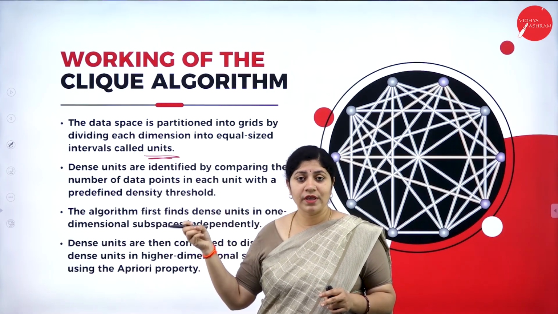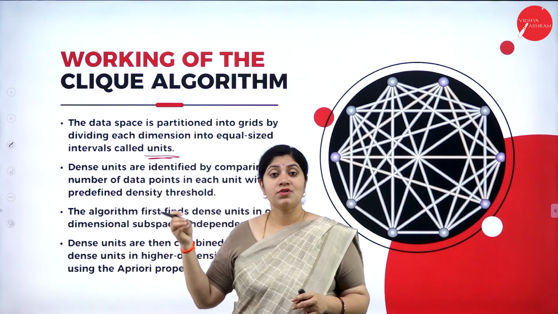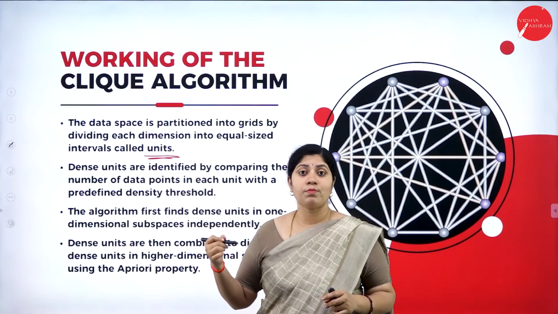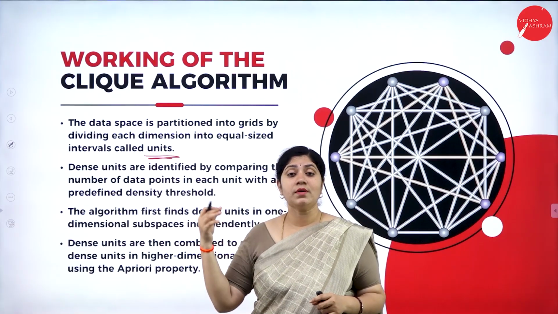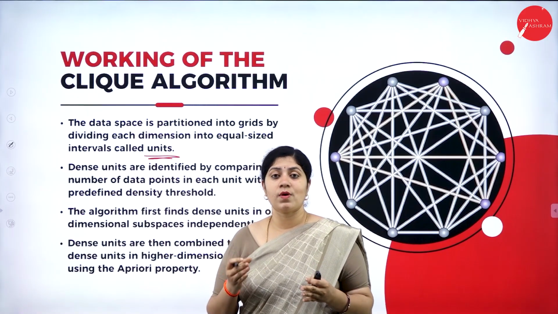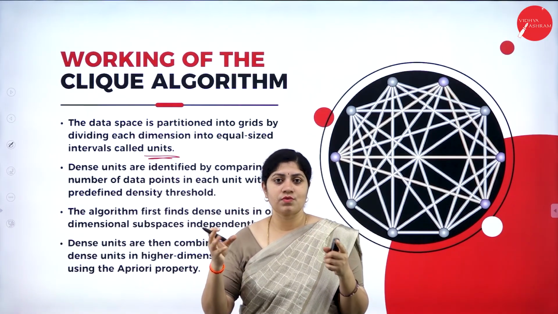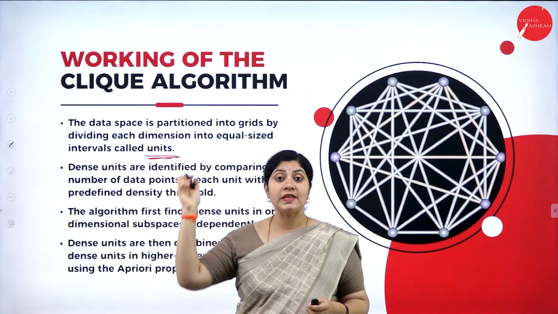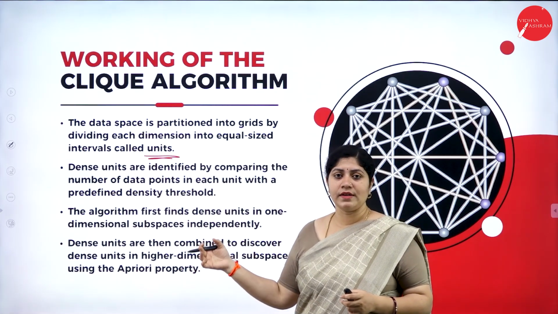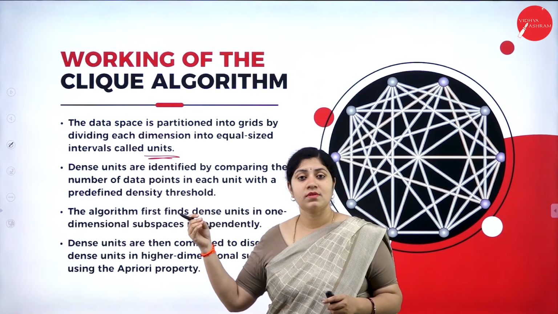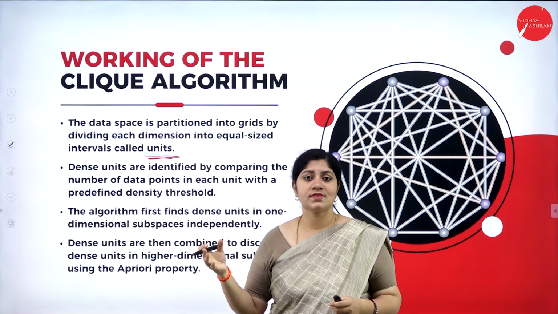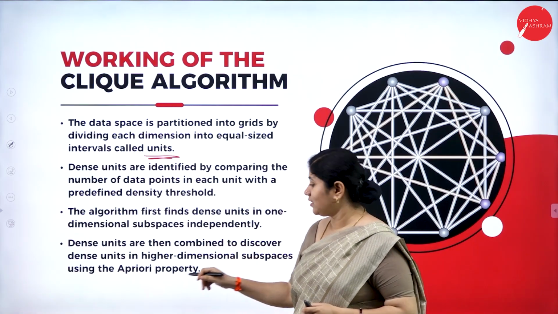How do we pick the dense units? By comparing the number of data points in each unit with a predefined density threshold. Thus, the algorithm first finds the dense units in one-dimensional subspaces independently. Further, the dense units are combined to discover the next dense units in higher-dimensional subspaces using the apriori property.